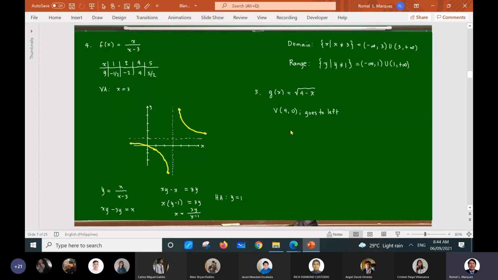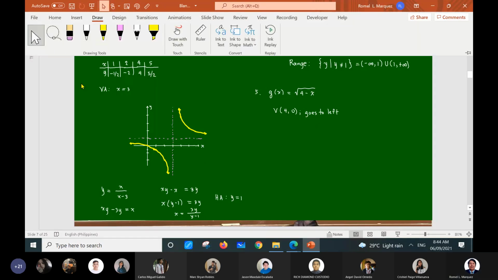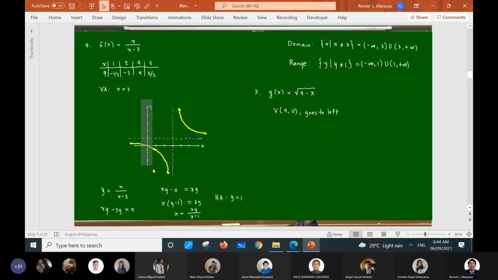Let's do that. I think I need this graph. Let me copy this. Going to the left, and then this part.